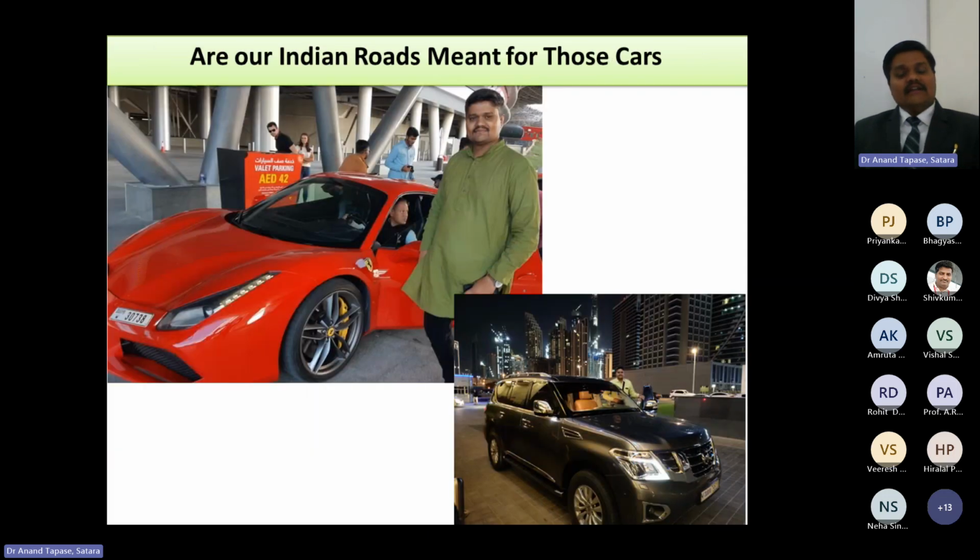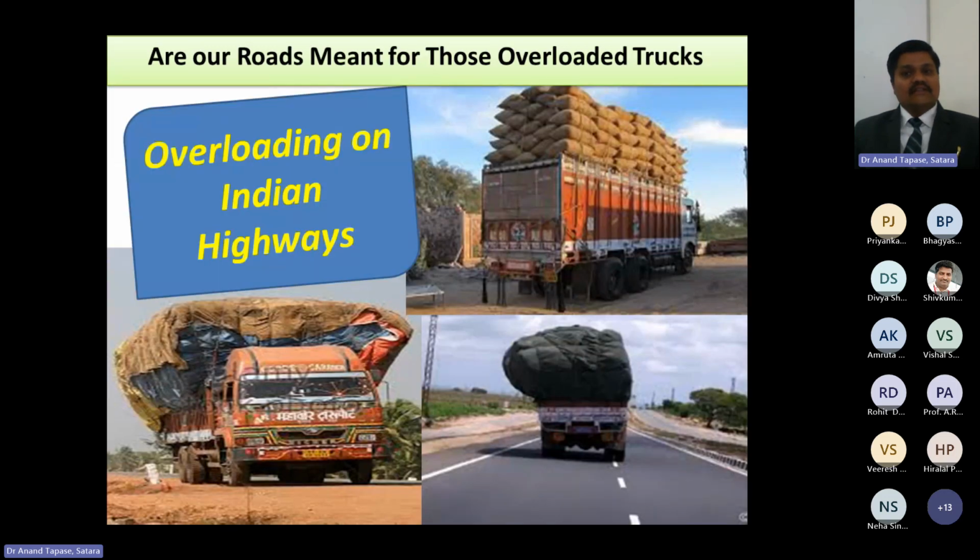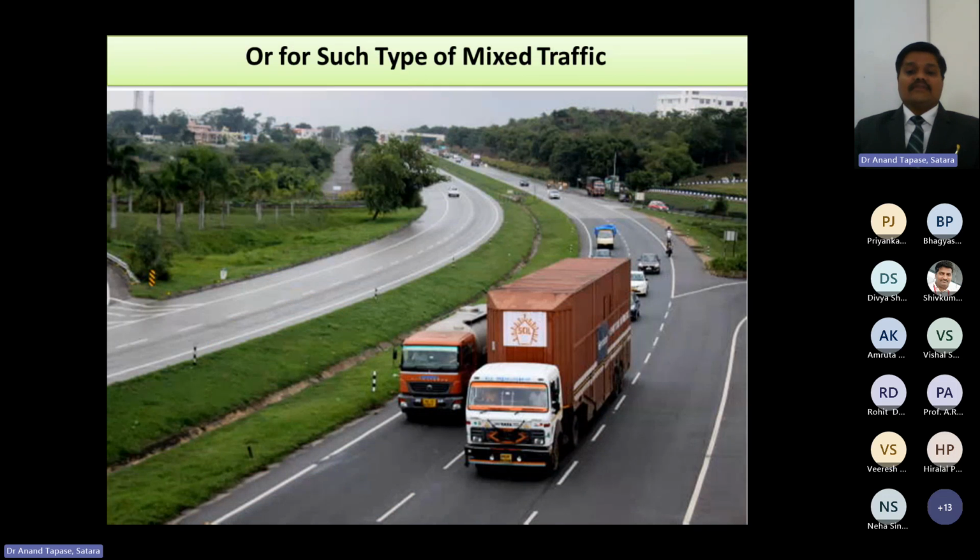As I said, we are not considering such cars on our Indian roads, nor such overloaded vehicles. Then what are we considering? We are considering mixed traffic, with the flow of buses, trucks, tractor trippers, and small cars. Such mixed traffic is what we consider for Indian highways, and such questions should arise in your mind.